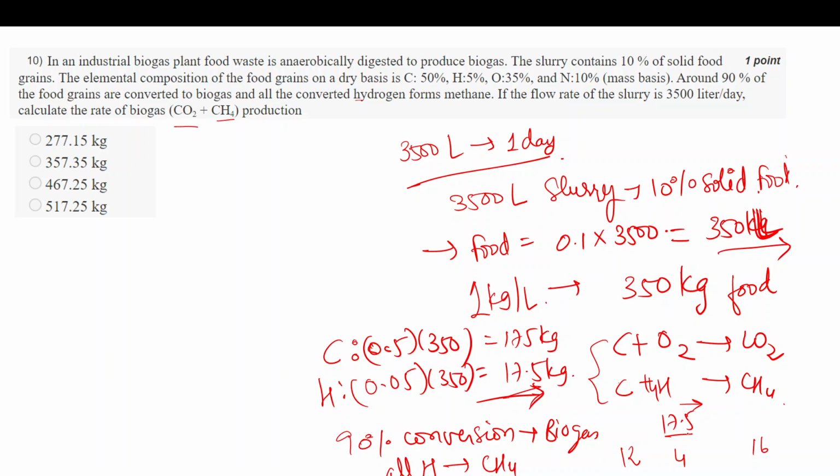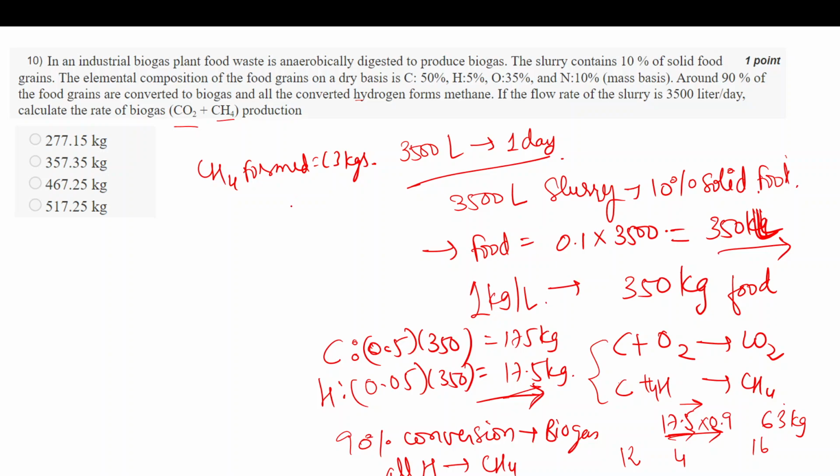So if we have 17.5 of hydrogen, the amount of methane formed will be 16 times 17.5 divided by 4, times 0.9, because 90% conversion is there, and whatever hydrogen is used will synthesize methane. So it will be 63 kg of methane formed.